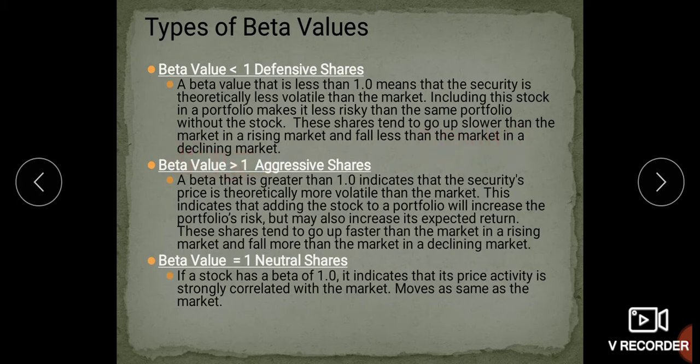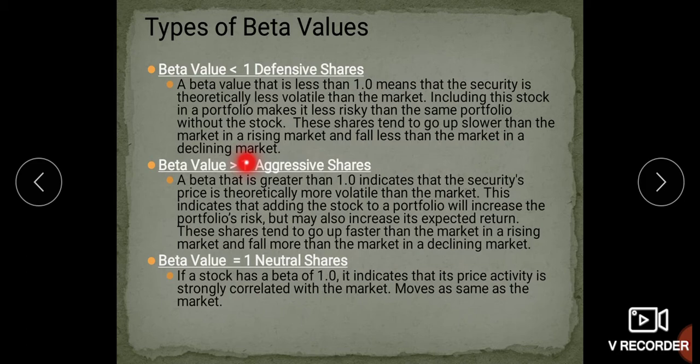Imagine that the market is going up, or the market is showing a bullish trend. So the whole market will rise at a greater speed. But since the beta value of that particular share is less than 1, even though the share will go up, it will go up slower than the market in a rising market.